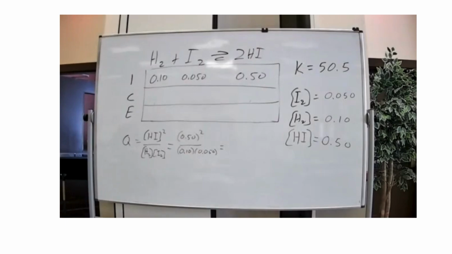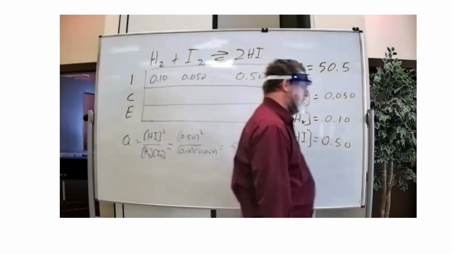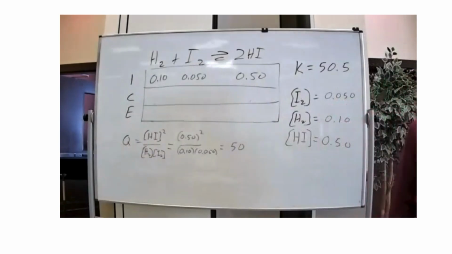So do you have it, Luke? 50? I messed up. Put it too close to equilibrium. However, it's not quite equilibrium, right?